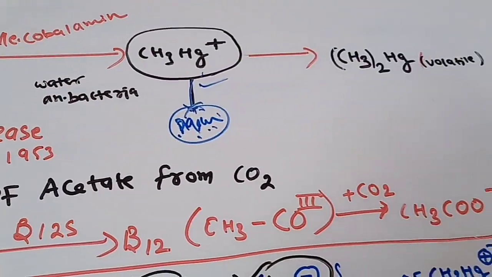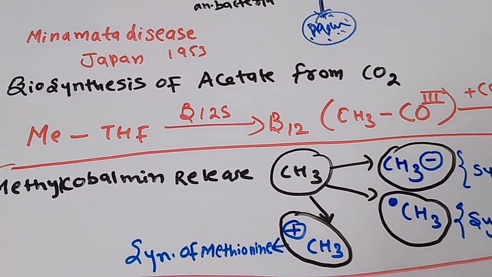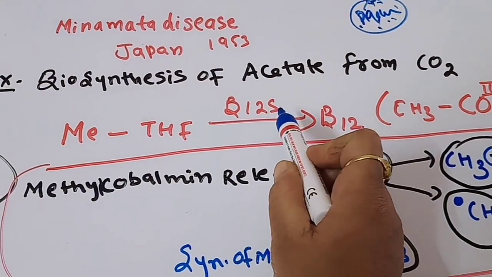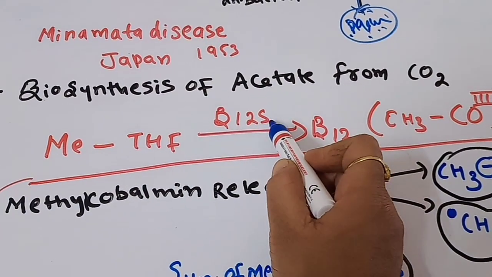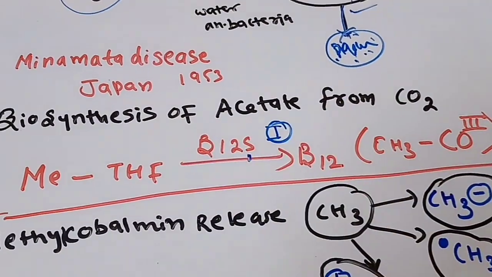Now we can say another important biosynthesis, the biosynthesis of acetate from carbon dioxide, also takes place with the help of our vitamin B12 coenzyme, that is B12s. We have written it as vitamin B12s, meaning the oxidation state is 1 here.